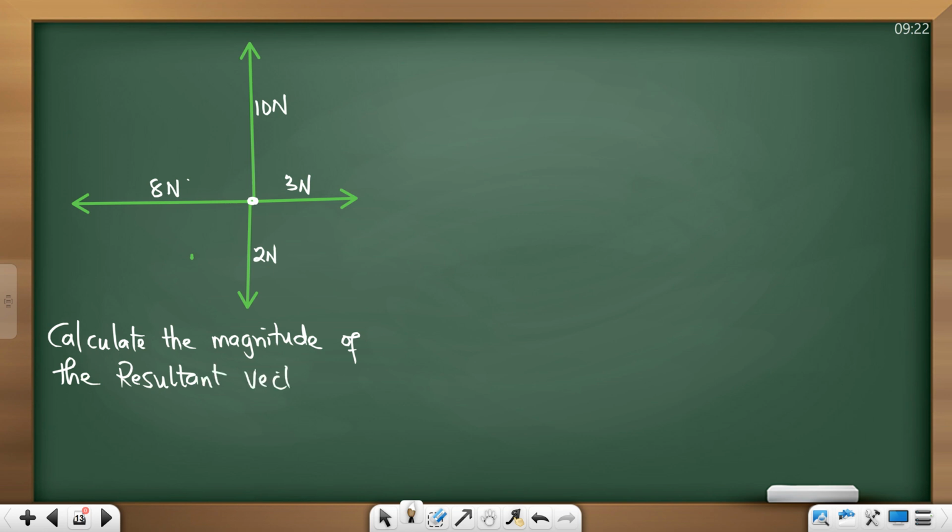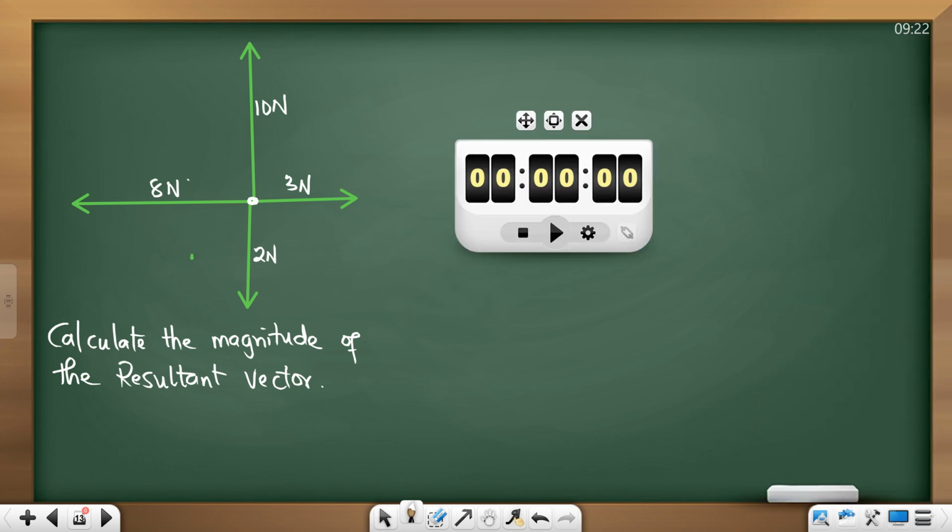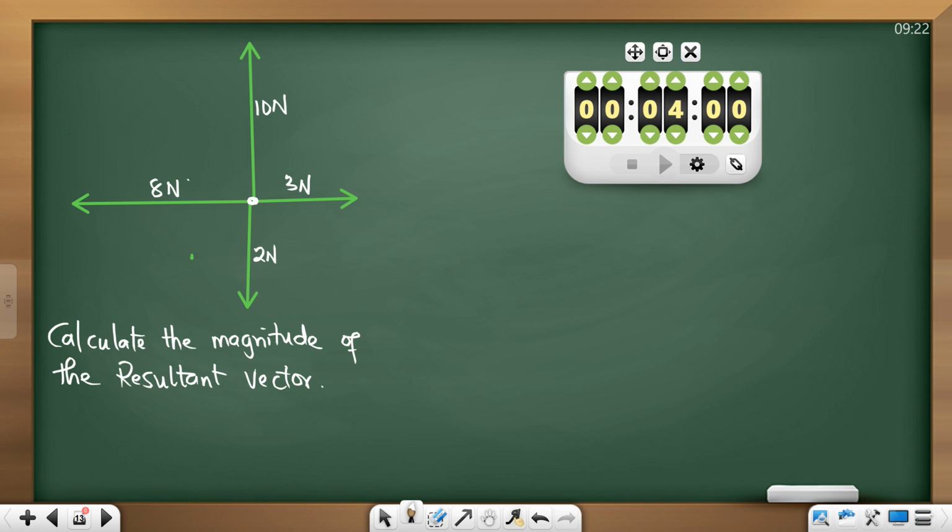Let's move quickly, as quickly as possible. 4 minutes, I think that should be okay for us. 5 maximum. After this, then we go to direction.